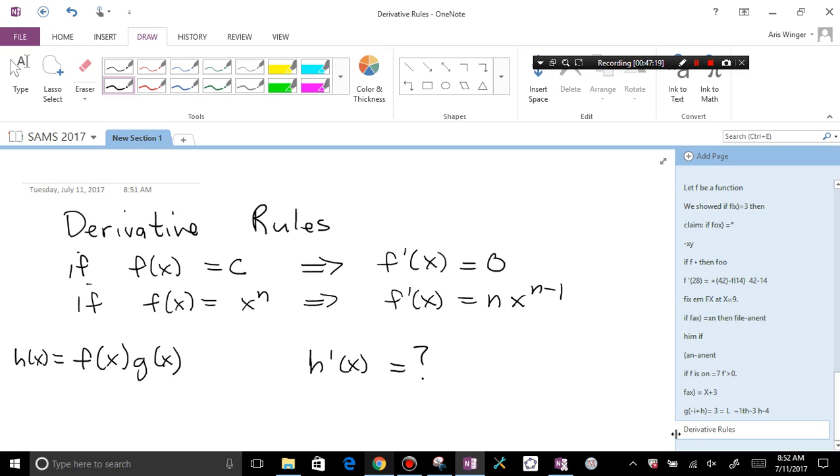It's called the product rule. h prime of x is equal to f prime of x times g of x plus g prime of x times f of x. Does it matter which order those are? No, because addition's commutative. It doesn't matter the order.